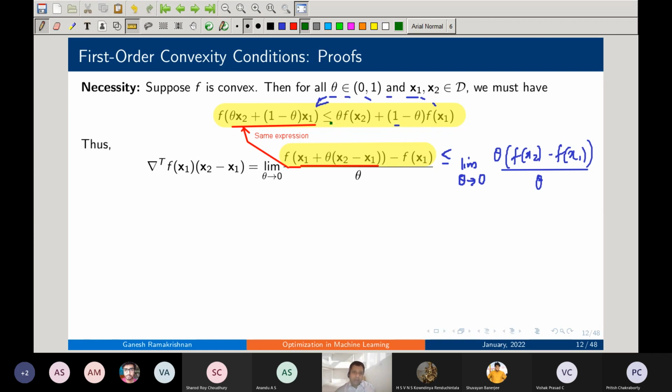But if the original inequality was strict, then after taking limits you won't have strict inequality. Let me note that inequality does not remain strict when we take limits. That's a bit of a problem with this proof technique, but then we will try and fix it.